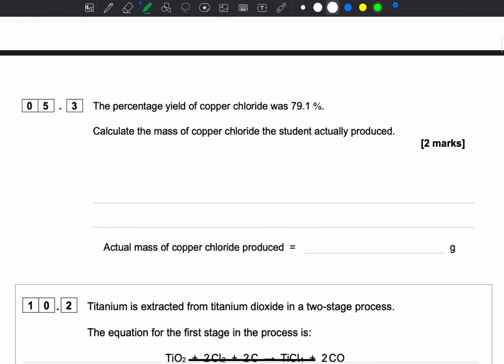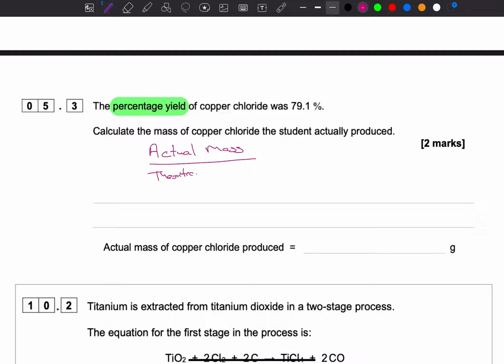The percentage yield. The formula for percentage yield is not given, so you need to know it: actual mass produced, which is the smallest number, divided by your theoretical mass, multiplied by 100. They said the percentage yield is 79.1, which as a decimal is 0.791 because you divide by 100.